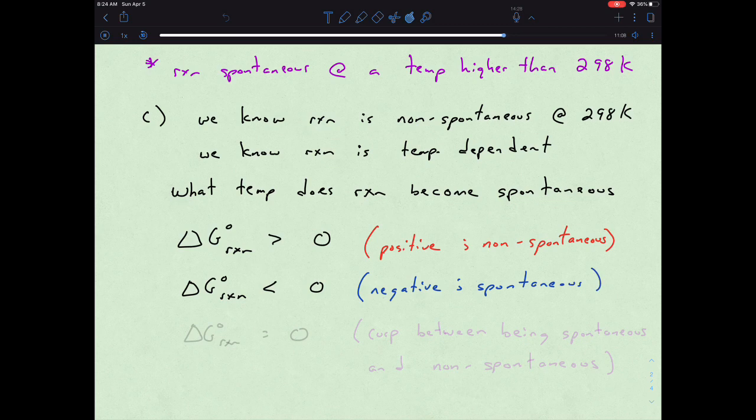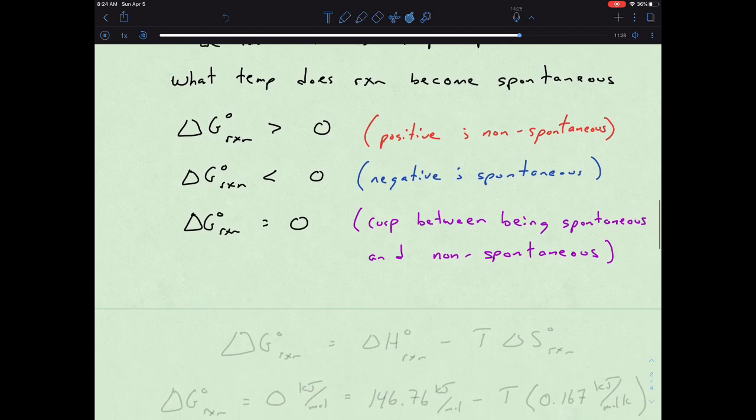So if we set our delta G of the reaction equal to 0, now we're on the cusp between being spontaneous and non-spontaneous. So that's what we need to do, is use the Gibbs free energy equation again.